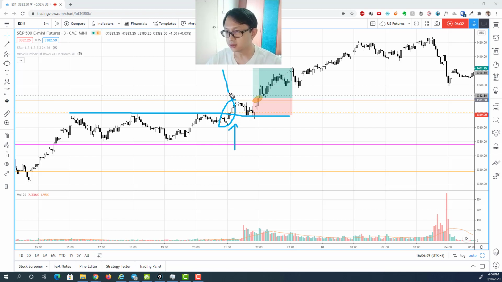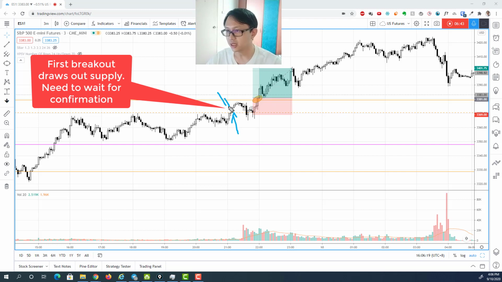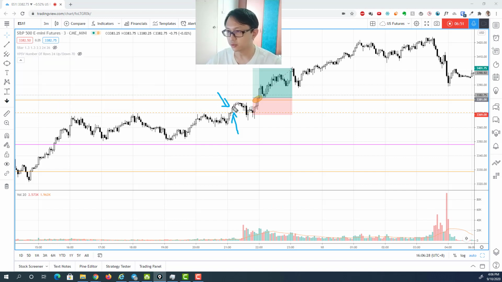This is the first breakout, and usually I don't recommend taking the first, immediate breakout, because after the breakout is where the supply will emerge, and this kind of breakout trade will attract a lot of traders, whether breakout traders or reversal type traders.